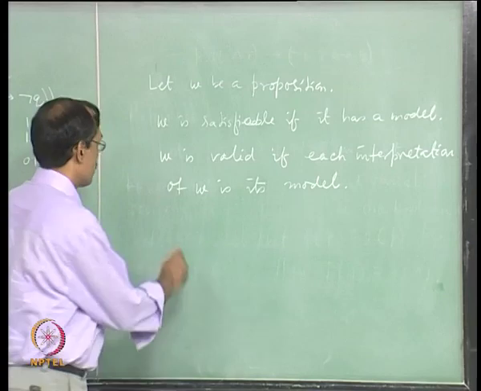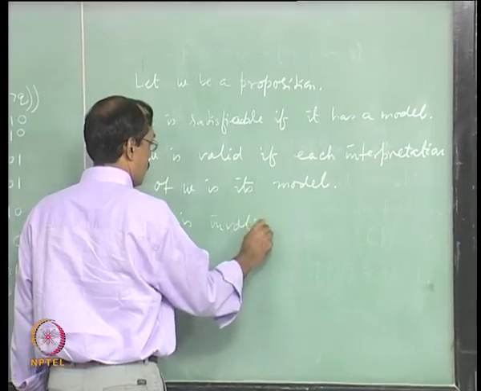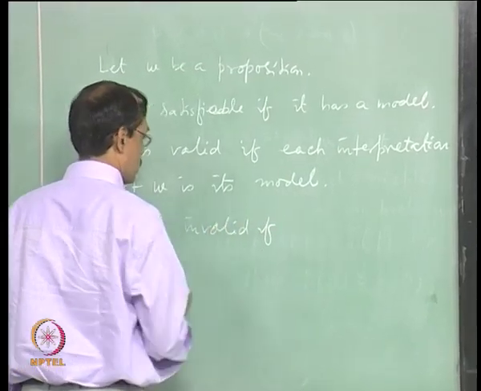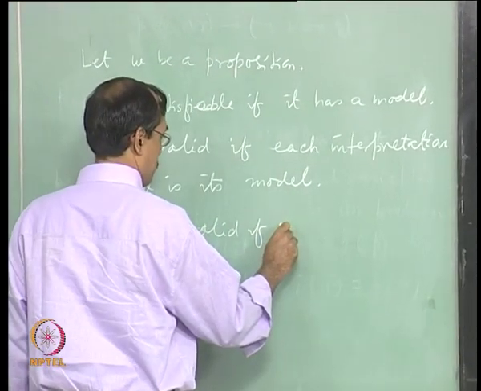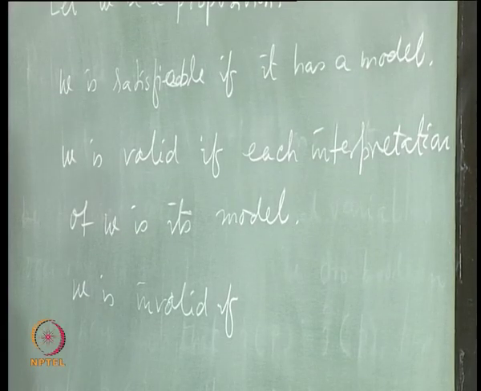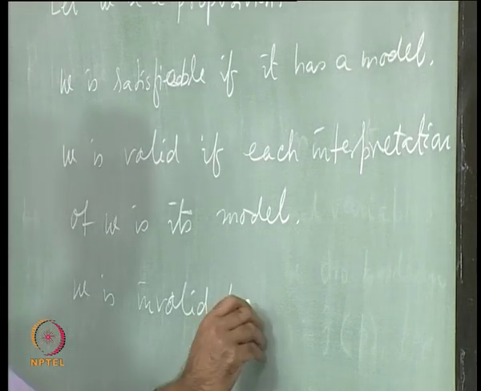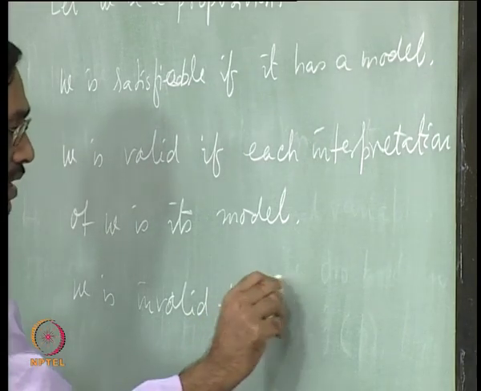So we say that W is invalid if it has a non-model, right. There is an interpretation which falsifies it, which does not satisfy it.